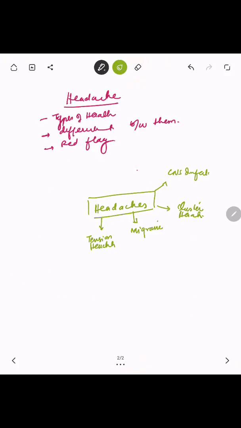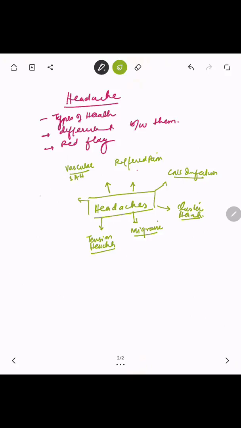Headache due to CNS infections. We have done tension, migraine, cluster headache, CNS infections. It can be referred pain. It can be vascular causes like subarachnoid hemorrhage.